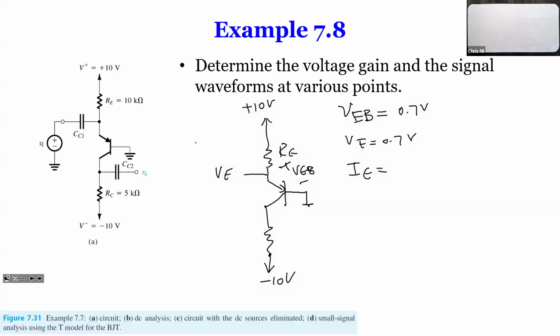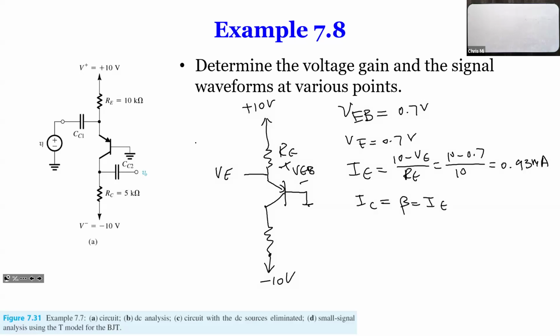And you can find IE is going to be 10 volts minus VE divided by RE. That's 10 minus 0.7 divided by RE, which is 10. So you get 0.93 milliamps. That's IE.